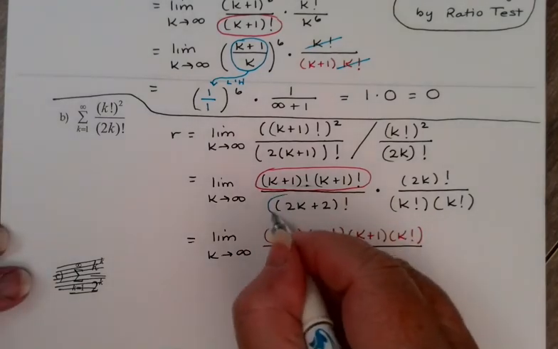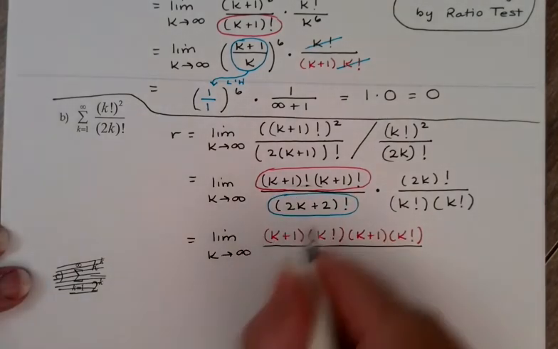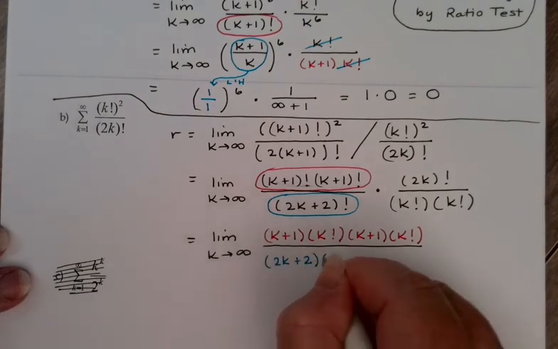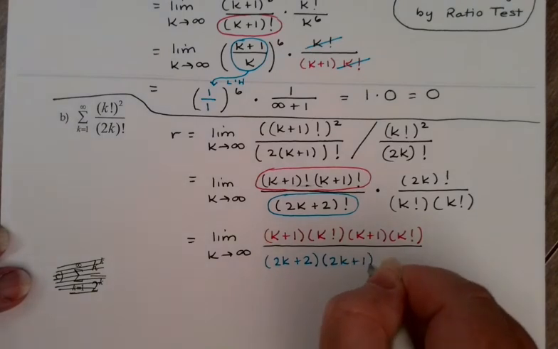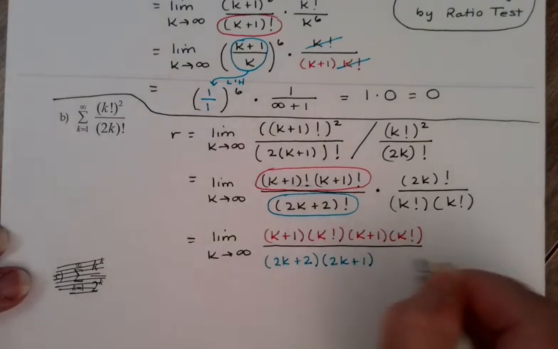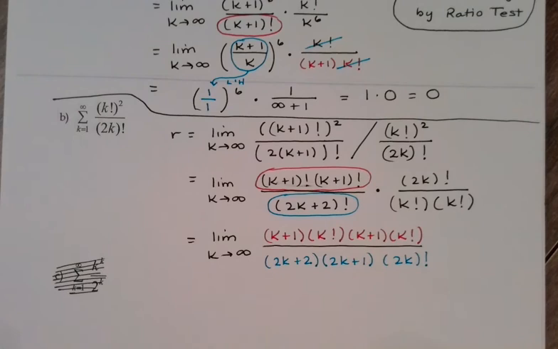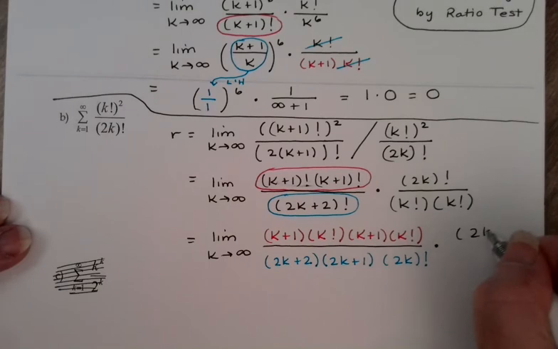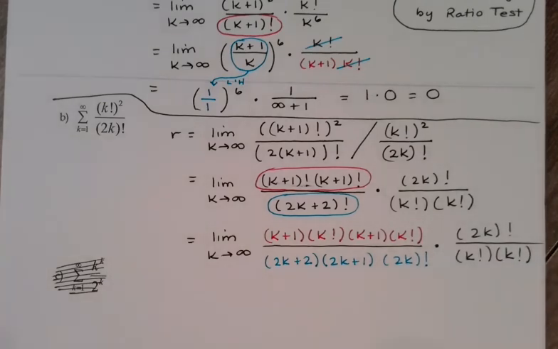I'm going to use a very similar trick on the denominator. This would be 2k plus 2 times 2k plus 1, and then it would be 2k on down, or 2k factorial, times the second fraction here, and by all of that judicious rewriting, we've got some nice cancellation that's going to happen right here, right?